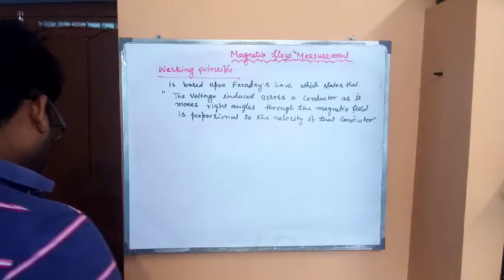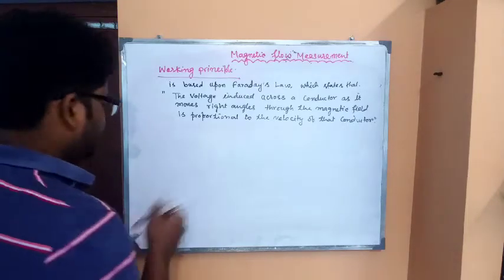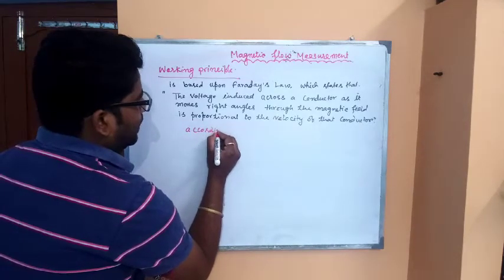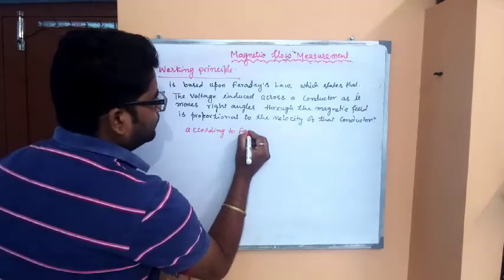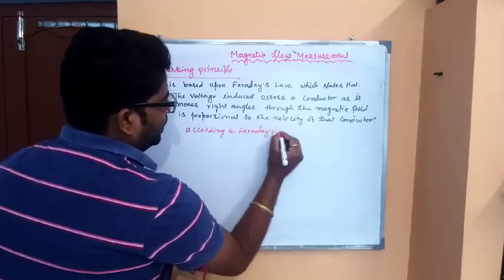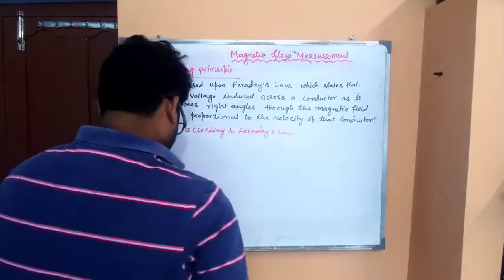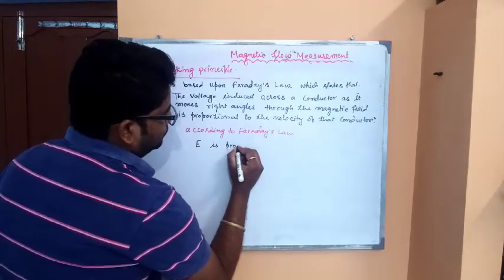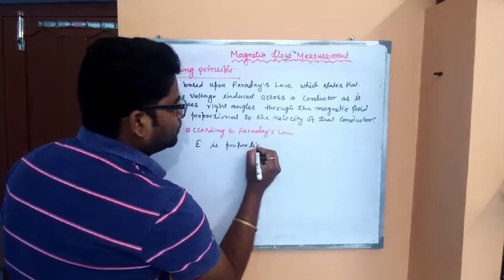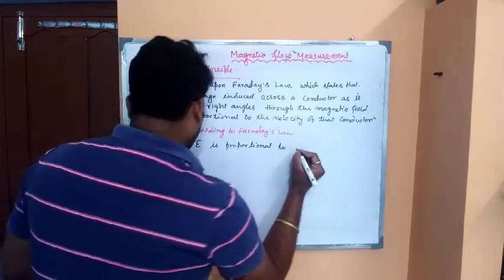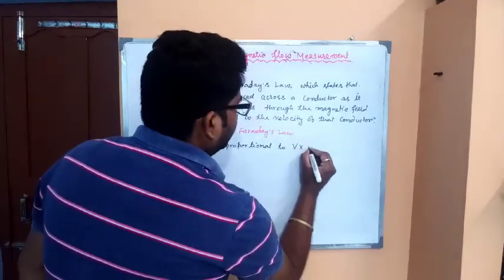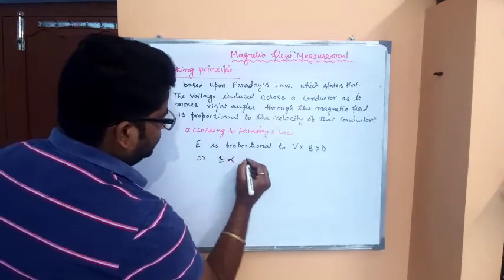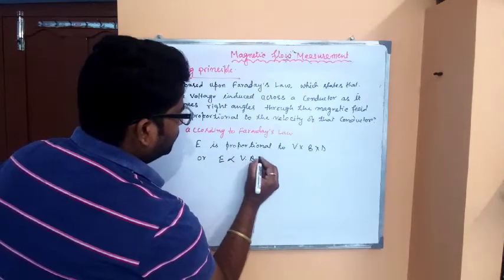According to Faraday's law, E is proportional to V into B into D, or we can write E is proportional to V dot B dot D.